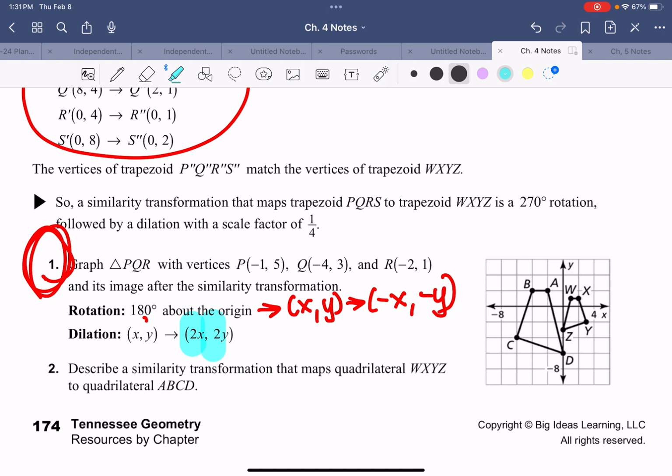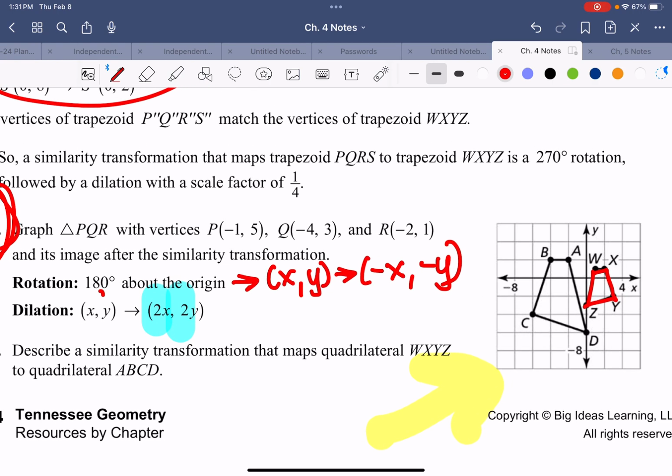Now, 2 is wanting us to come over here and look at a similarity transformation that's going to map quadrilateral WXYZ, so the small one, to the big one. If you're trying to figure out what goes where, point Z is last, D is last, so Z and D correspond.